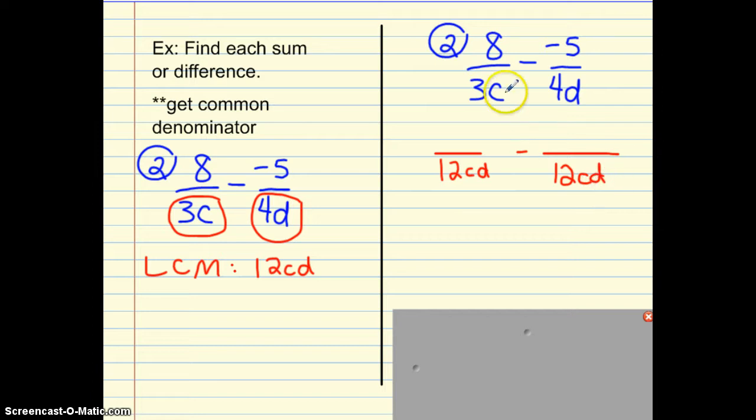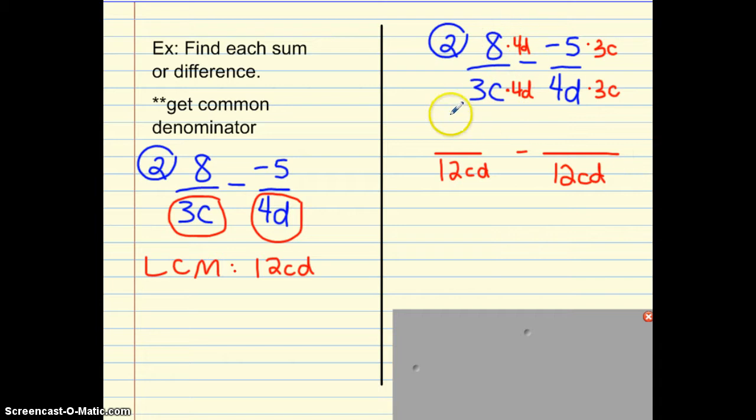And to make that happen, 3C needs to get multiplied by 4D. And whatever I do on the bottom, I need to make sure that I do to the top. And then my 4D needs to get multiplied by 3C to turn into my denominator.